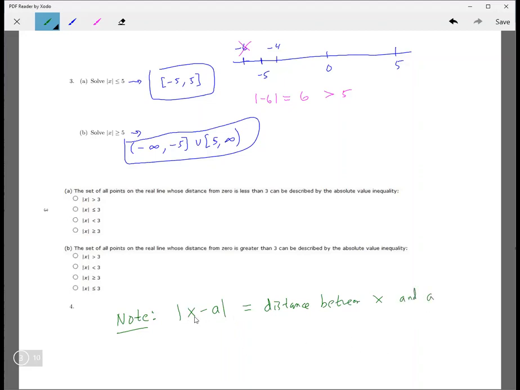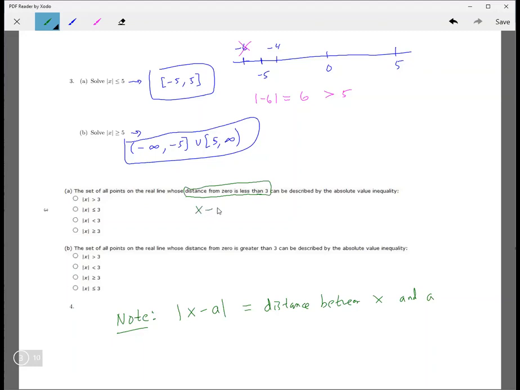Okay, so the absolute value of x minus a is the distance between x and a. And so right here, part number 4, it says the set of all points on the real line whose distance from 0 is less than 3.